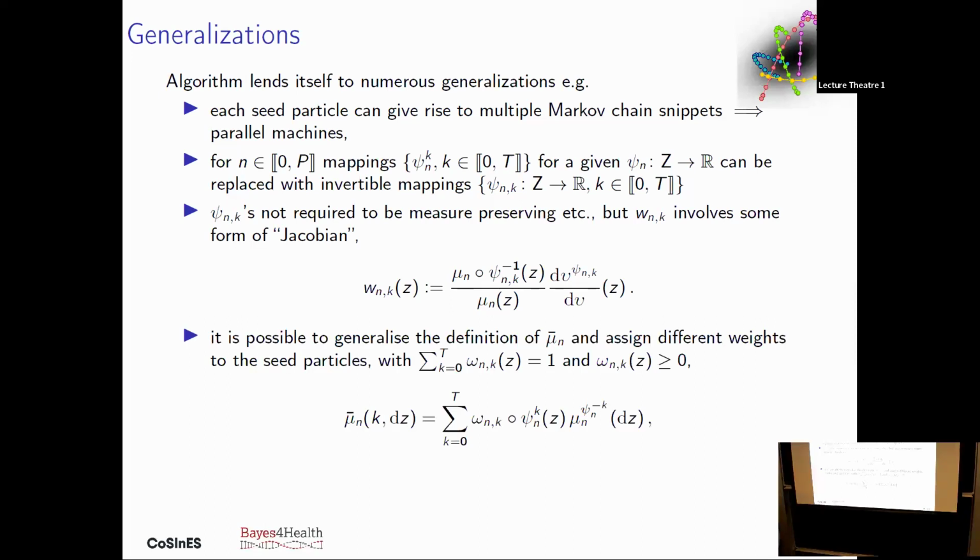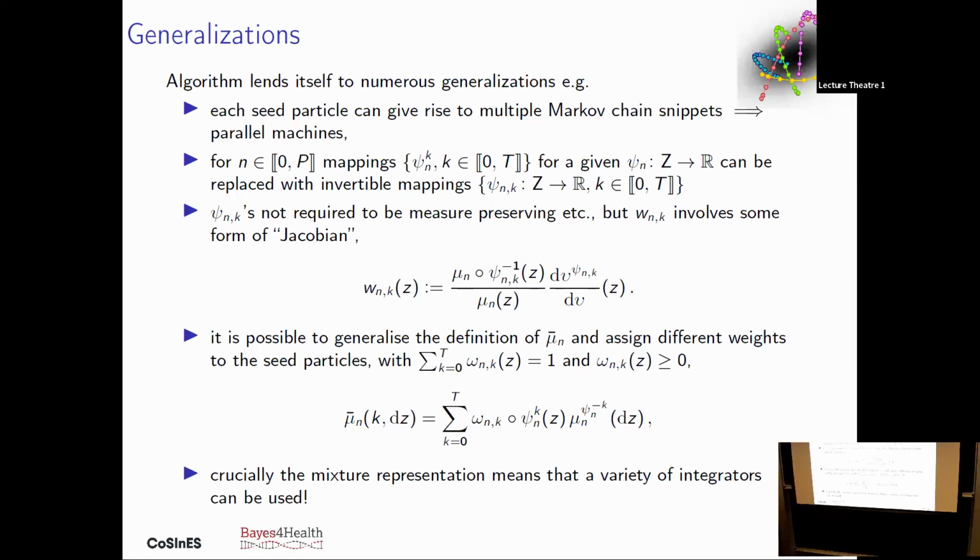You can also choose weights that are not the uniform weights in your mixture, right? And you can even make them Z dependent if you want. Okay, and that can be interesting because this is something which we haven't fully exploited yet, but you can use this as a variance reduction technique because you can optimize the weights to minimize the variance of an estimator. Okay, so that's described in the technical report, but we haven't really fully tested the idea.